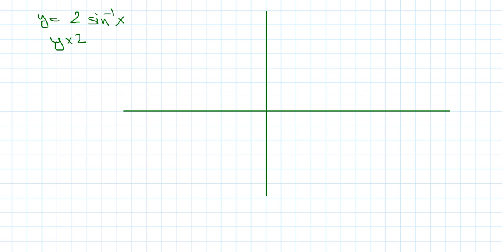So here was pi over 2 and 1, and here minus 1 and minus pi over 2. It was when I was at the sine inverse of sine x. So easily I said this is sine x.